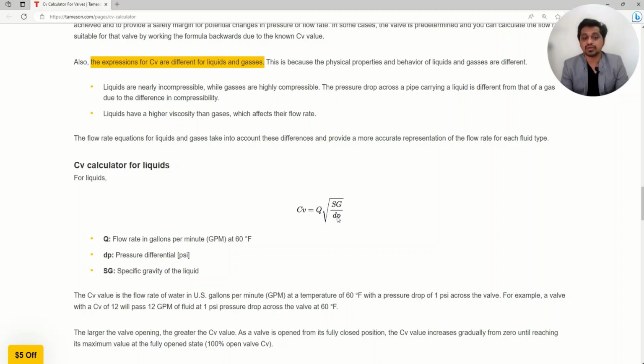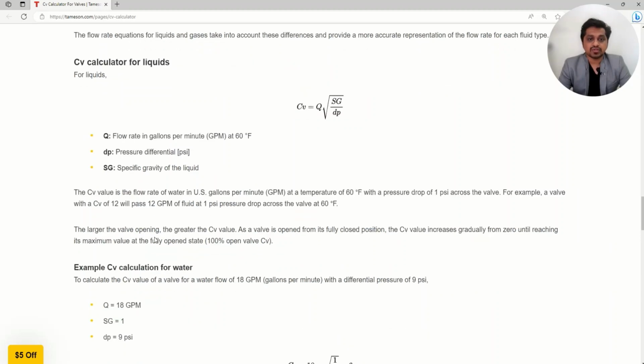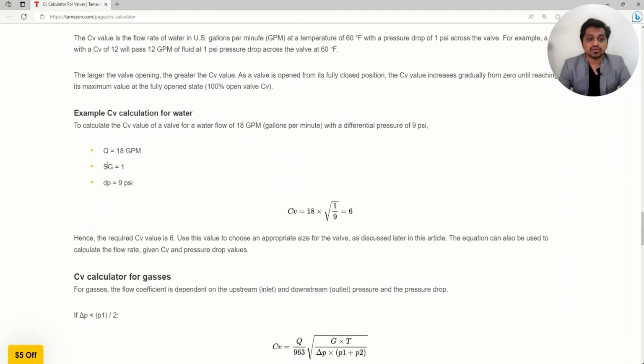So CV can be calculated with the help of the flow rate, Hg and dP. You can see that CV and Q are directly proportional. Let's have an example. You can check out how the CV value has been calculated here.